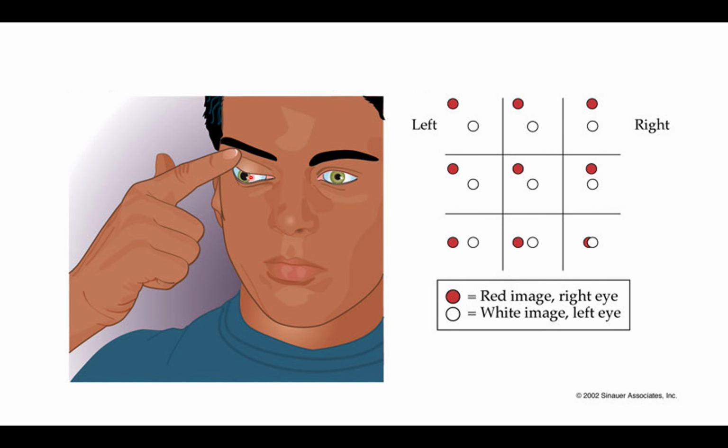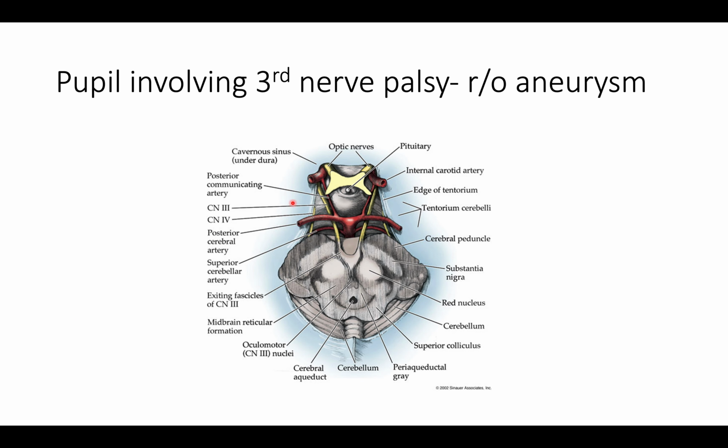Sometimes, as you see here, the pupil is not constricted, it is somewhat dilated. However, one of the functions of the third cranial nerve is to constrict the pupil, but here it's not constricted. Why? Because it depends on the cause of the third cranial nerve palsy.